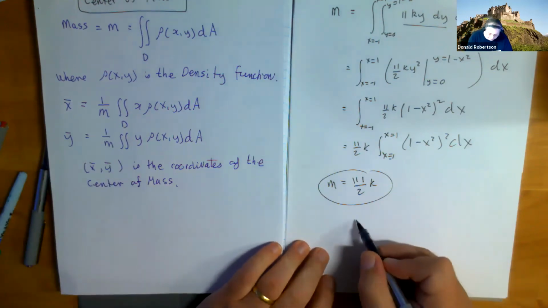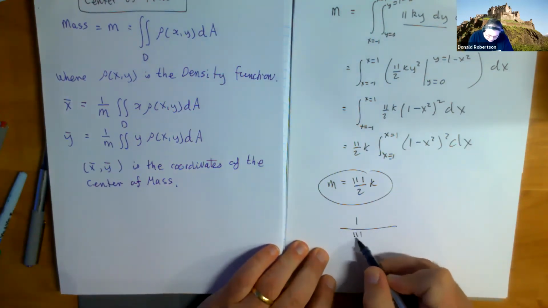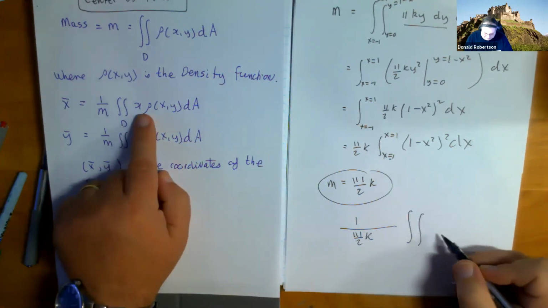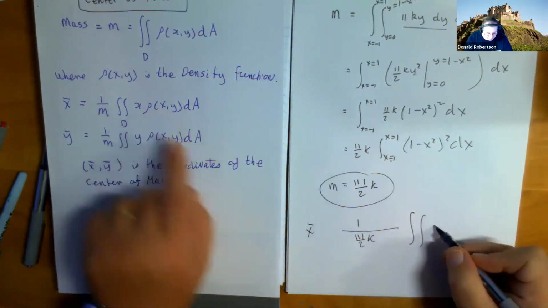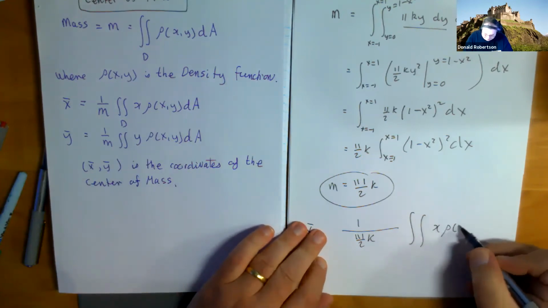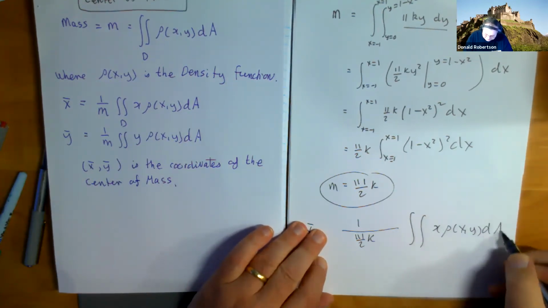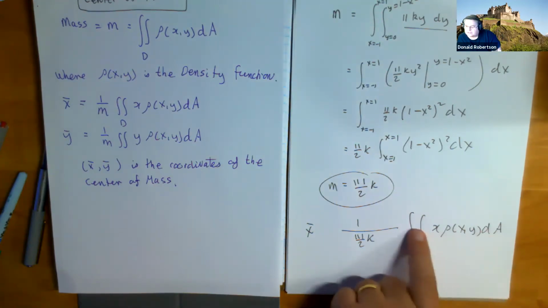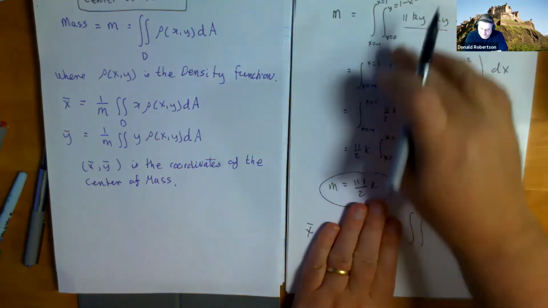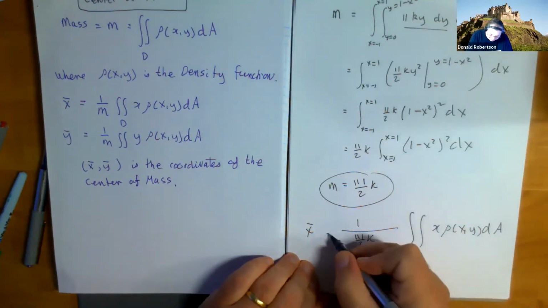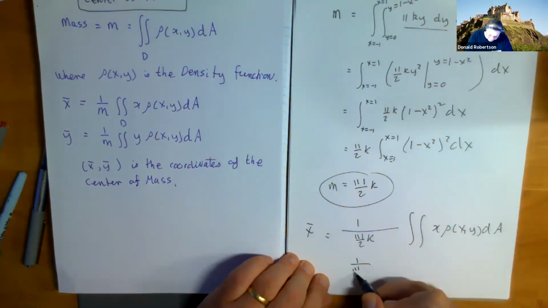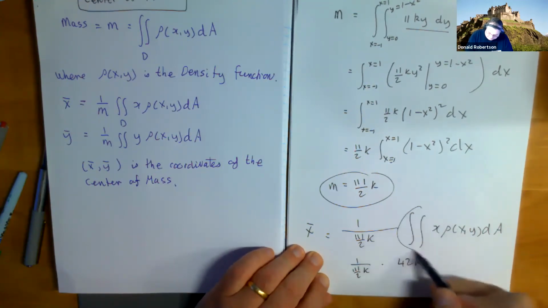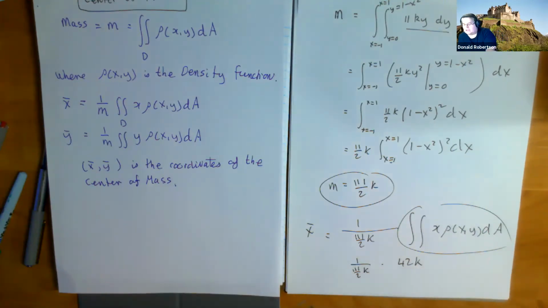Now here's something cool that's going to happen. You're going to have this guy, and then you're going to have a double integral, and to get x bar, you're going to have an x, right? The density function, right? The dA thing, right? This answer here is going to have some k's in it, right? So you integrate it, you do all this, and let's suppose that you've got 42k. Imagine that came out to be 42k.